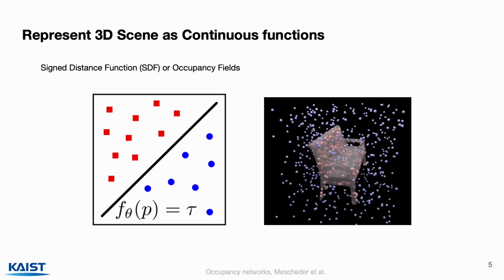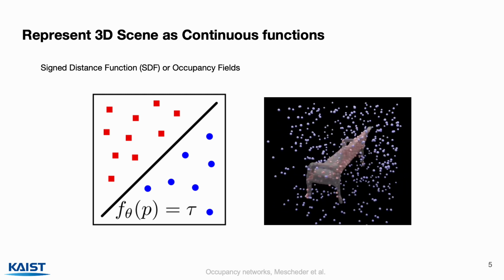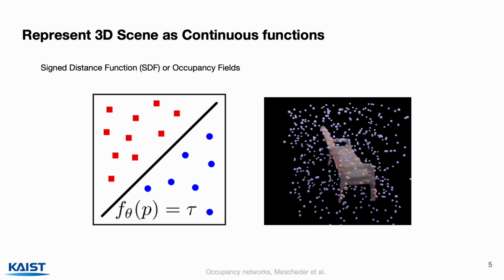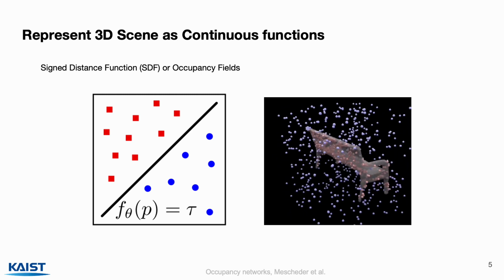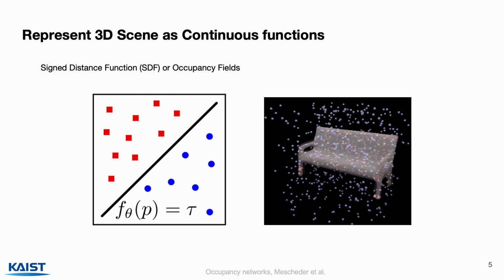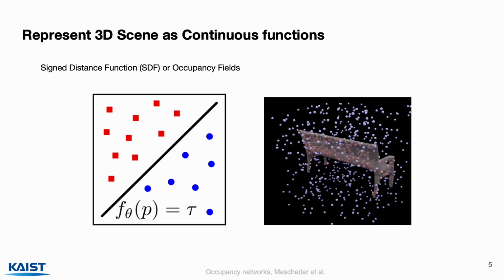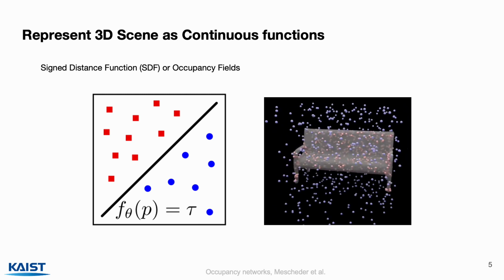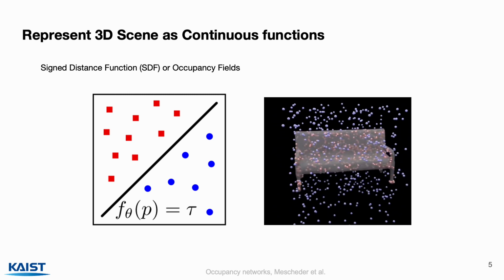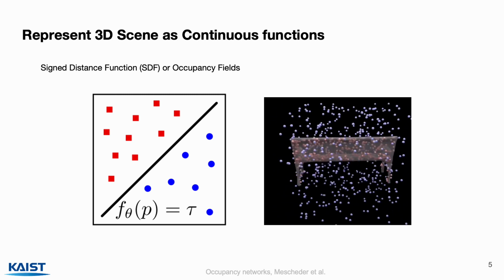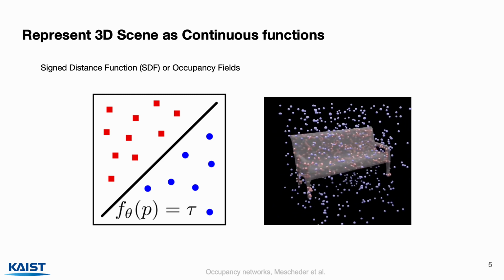So you can think of it as a functional approximator that represents a signed distance function or occupancy field of the point in the space. Here the figure on the right shows the occupancy network. You can see that the red color is inside the object, and the blue represents that no 3D geometry exists in that space.